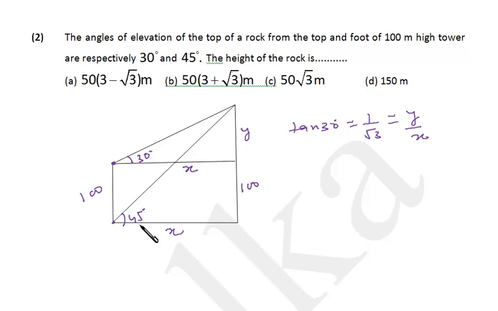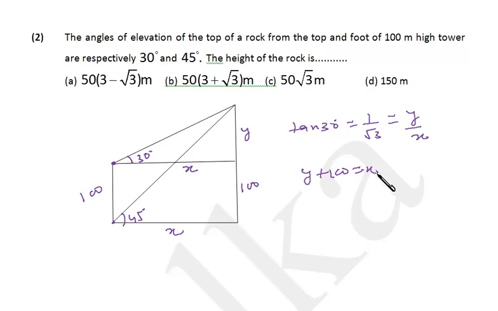So tan 45 degree is equal to y plus 100 by x, right? Perpendicular by base. And angle is 45 degree. Now tan 45 is 1. That means y plus 100 is x. And from here, x is root 3 y, right? So instead of x, I write root 3 y.